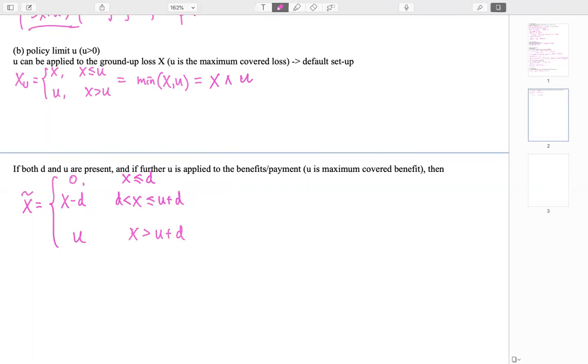So as you can see from here, the maximum U is actually the payment. So the max of this equals U. So the maximum possible payment is U.